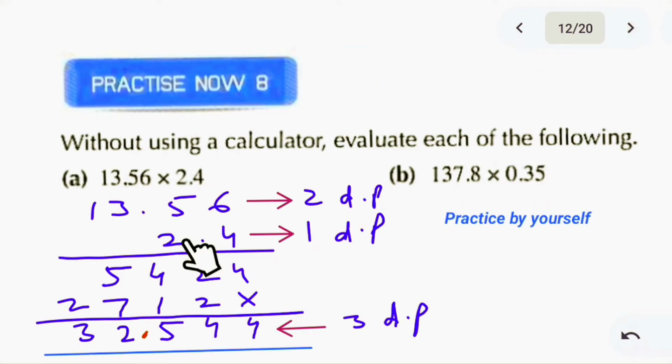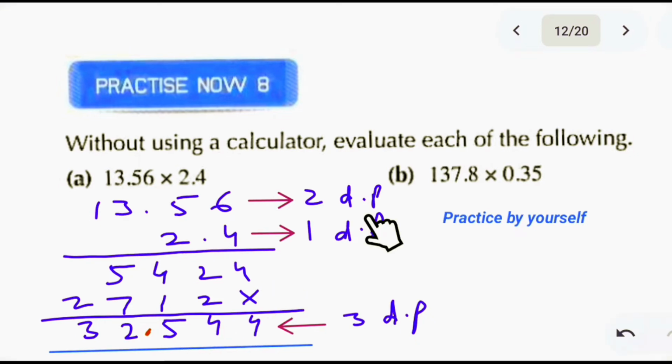This is the practice of that concept. We have to multiply 13.56 with 2.4, and we get the answer 32544. We see the first number contains 2 decimal places and the second number contains 1 decimal place.